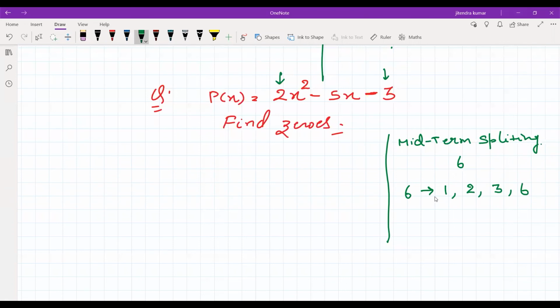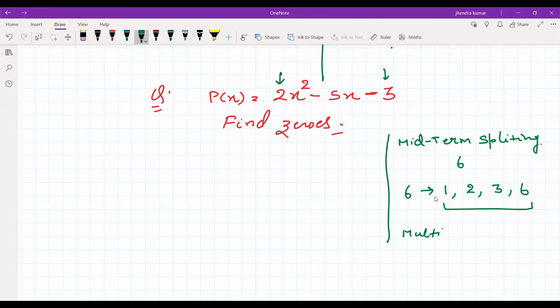Okay, let's check it. The possible factors of 6 are 1, 2, 3, and 6. Now we have to choose two numbers out of these four whose multiplication should be equal to 6.